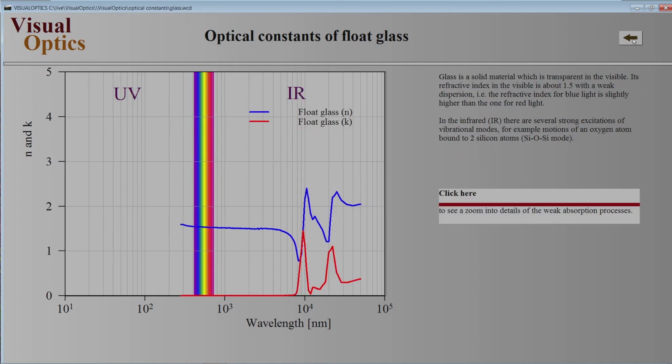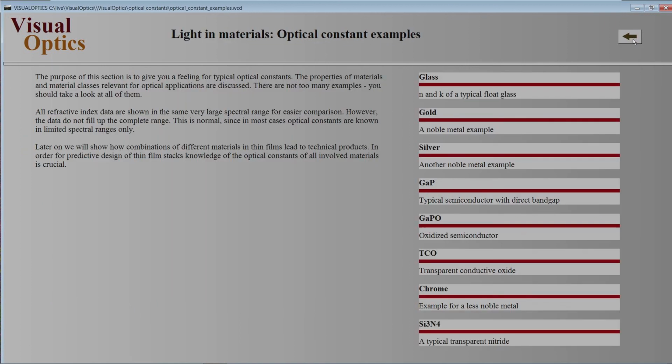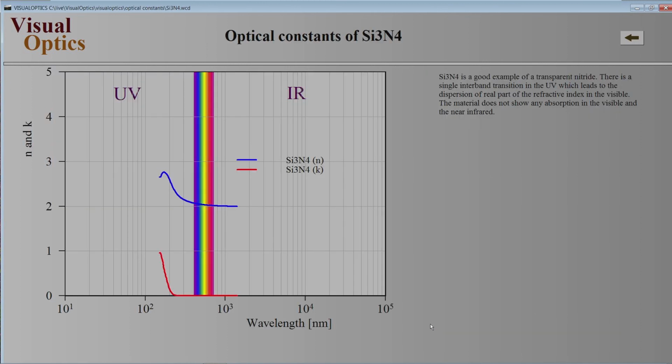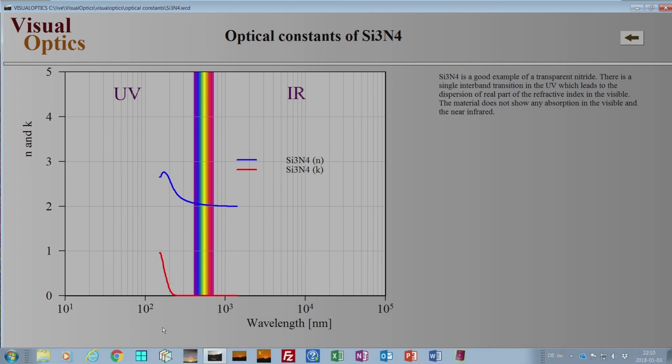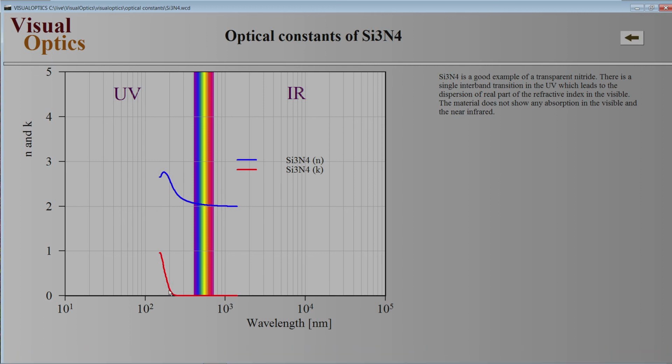Usually, if you use materials in a thin film with a few hundred nanometers of thickness, then you would not see these weak absorption processes, and so there it makes sense only to look at strong variation of N and K. Let's take an example of a very transparent material, silicon nitride, where we see very nicely at least one half of a UV interband transition.